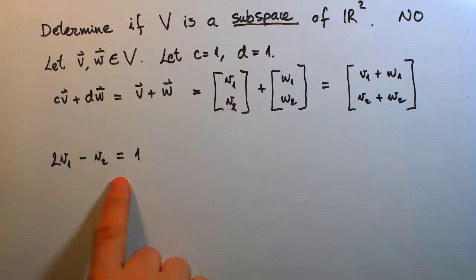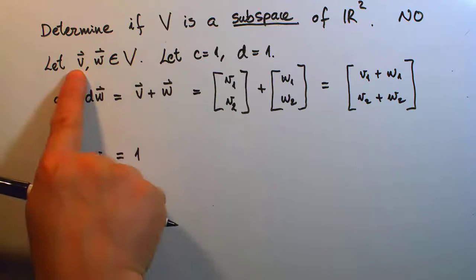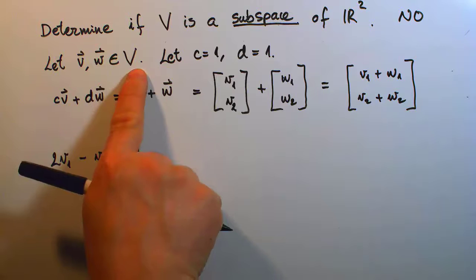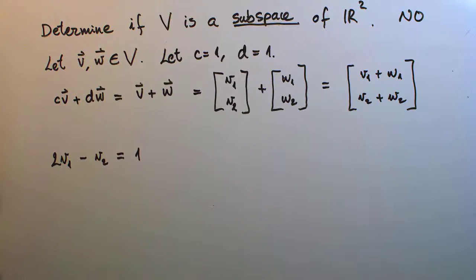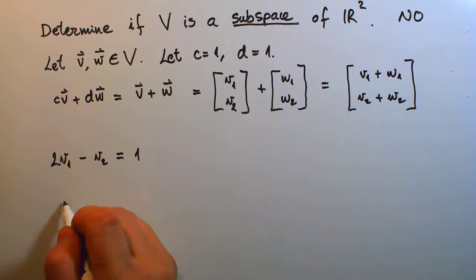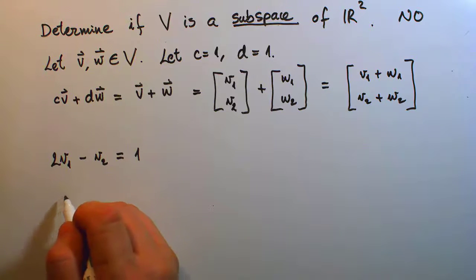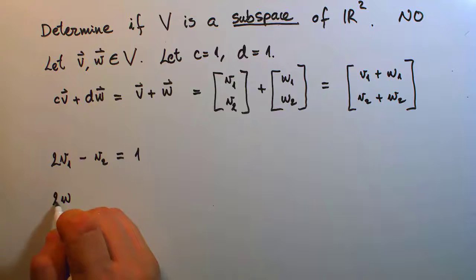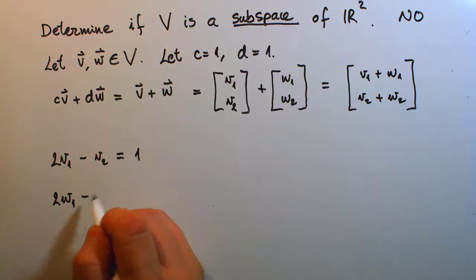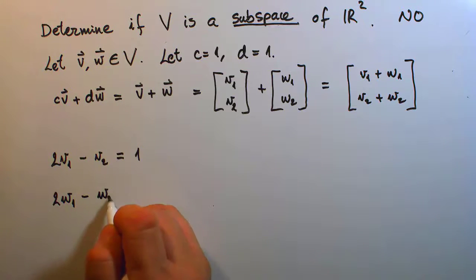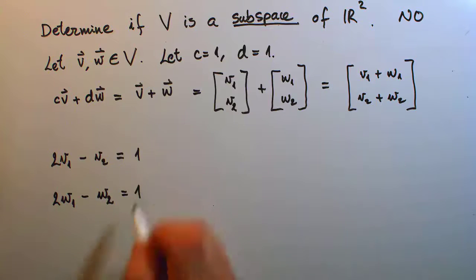This is the requirement for vector V to be inside of the set capital V. The same with W: the two components W1 and W2 must satisfy 2W1 minus W2 equals 1 as well.